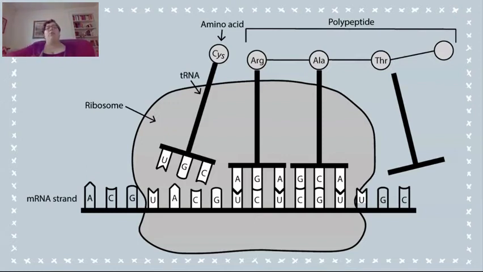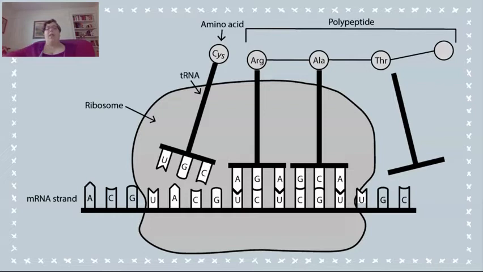And as it goes through, these pieces of tRNA each have a little snippet of nucleotides on the end that correspond to the ones that are getting fed through on the mRNA.